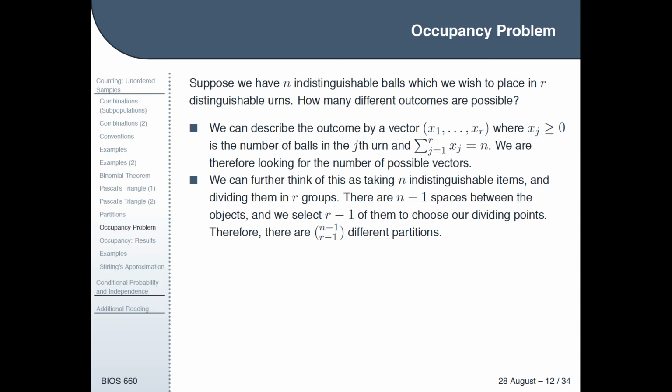And to count the number of different ways they can be divided into urns, we'll think of it as, we'll just put dividers along here somewhere. We'll just say, here's a divider, here's another divider, etc., etc. And anything to the left of this divider goes into the first urn, anything between these two dividers goes into the next urn, and so on.